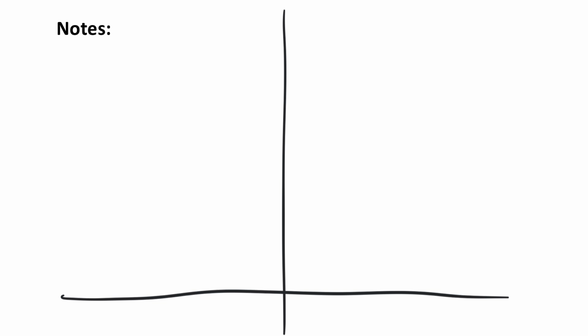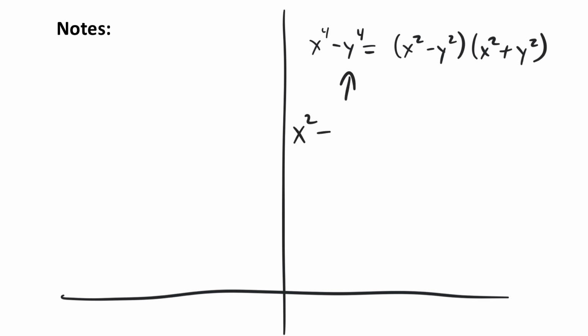All right, so there's not really anything new today in terms of notes. Maybe you could write down that factoring trick of x to the 4 minus y to the 4 is x squared minus y squared, x squared plus y squared, right? This is based on the idea that if you had x squared minus 9, it's like x minus 3, x plus 3.